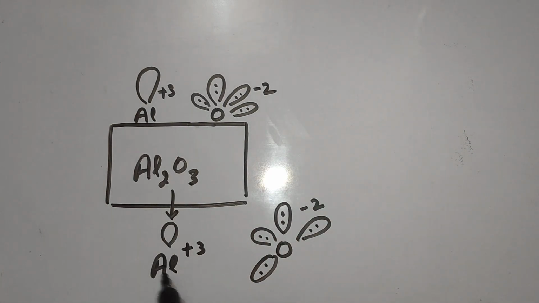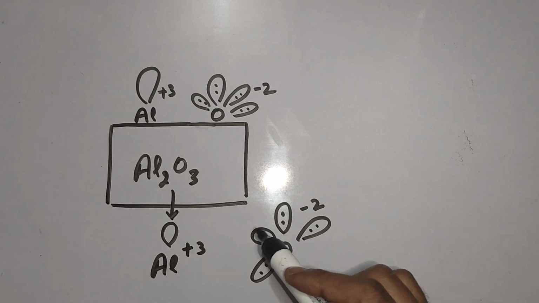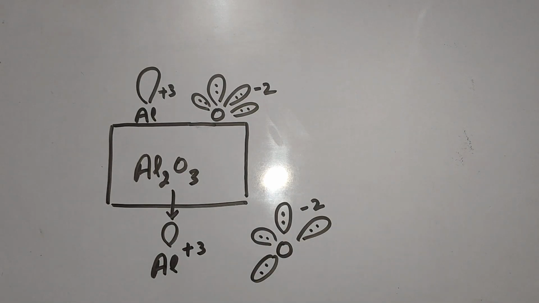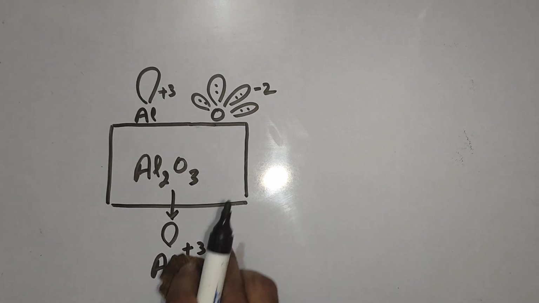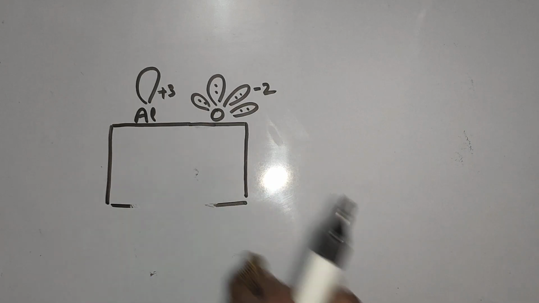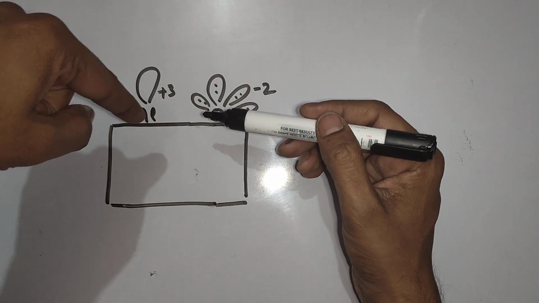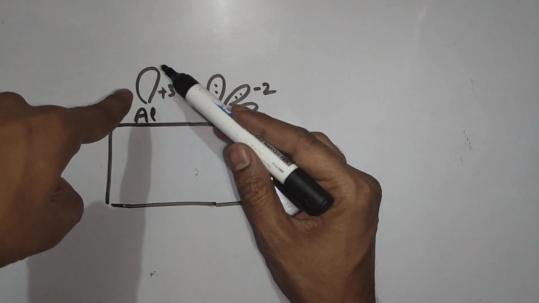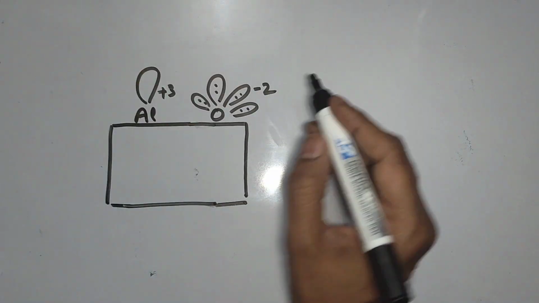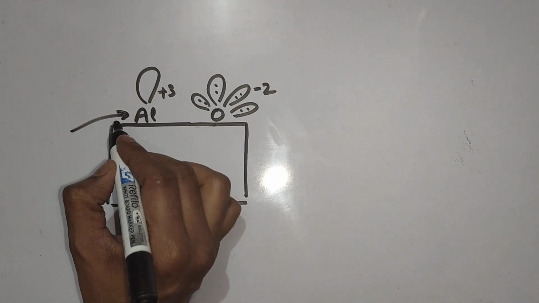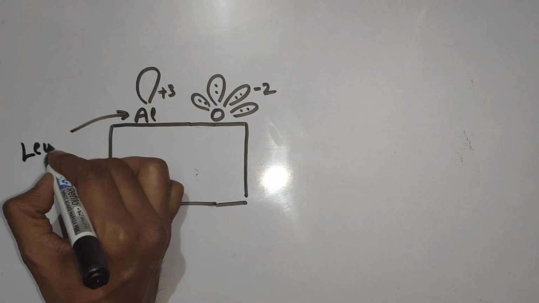Let me tell you, between aluminium cation and oxide there is an ionic bond. It's an ionic compound. So on the surface of aluminium oxide, we have aluminium with vacant orbital, oxide with lone pairs. Aluminium sites are known as Lewis acidic sites.